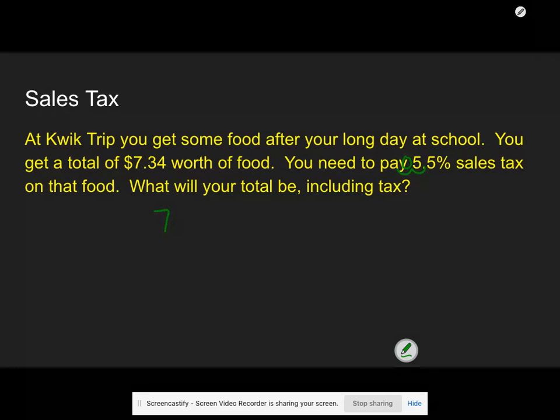So if I have $7.34, I'm going to end up multiplying by 55 thousandths. When I do all of my multiplication, I end up with 40,370 hundred thousandths.